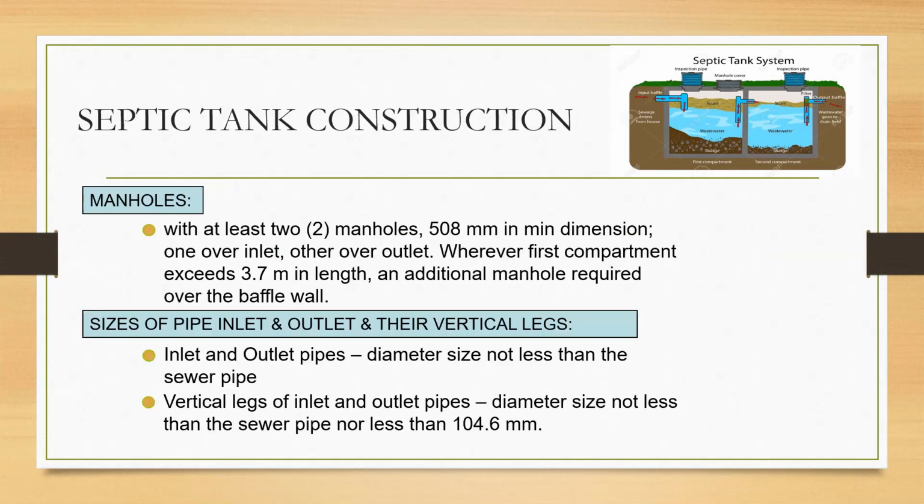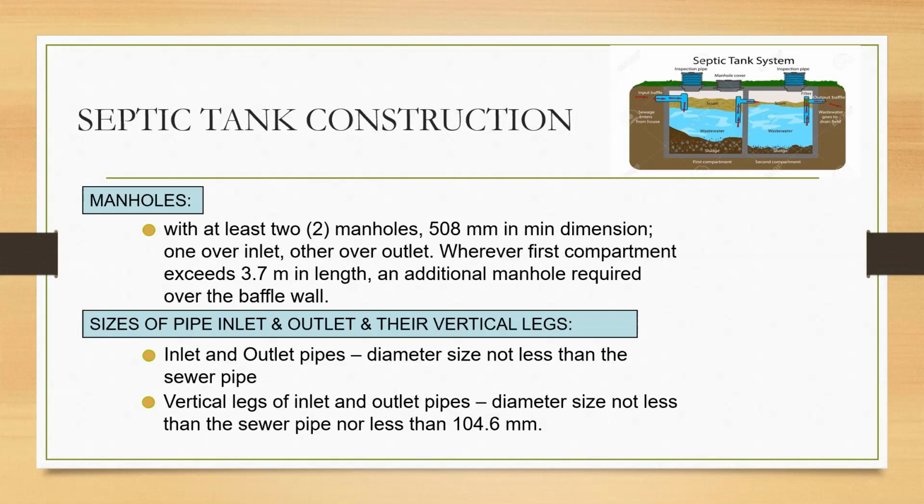For the manholes, with at least 2 manholes, dalawa. For the digestive, isa, at isa naman doon sa leaching. The minimum dimension is 508 mm square. So 508 mm kabilaan po ito. But in the installation, lalo pa sa construction, mahirap pong gawin yung 508 mm. So 25 mm po, no?